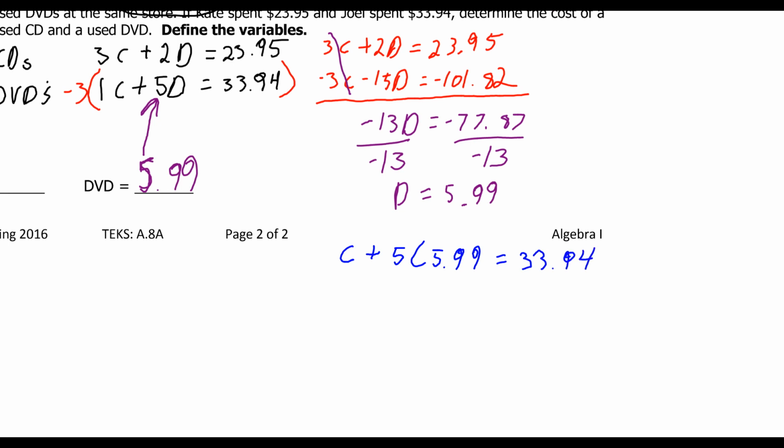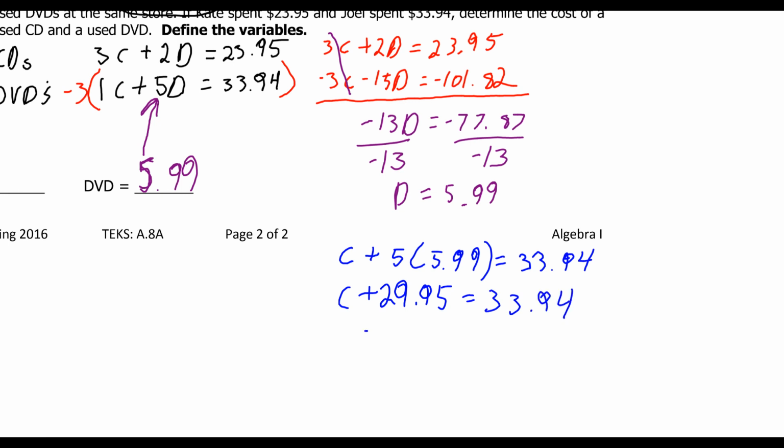So C plus $29.95, my fault, equals $33.94.